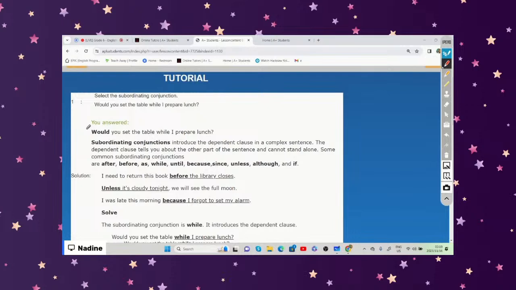So if we look at that specific sentence, right, the subordinating conjunction is while. And remember, we said that the subordinating conjunction introduces the dependent clause.